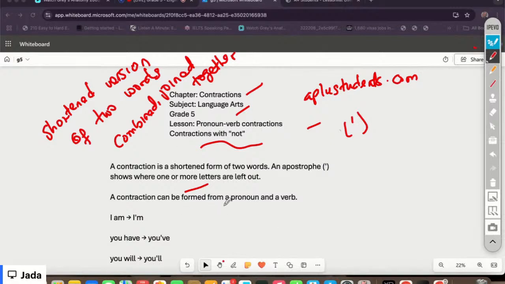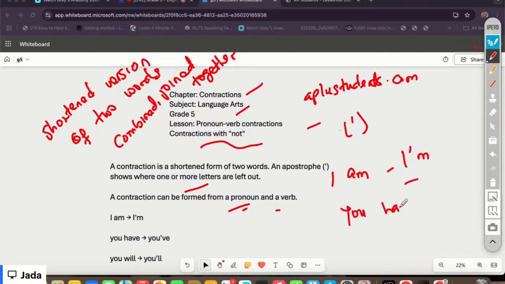All right, so a contraction can be formed from a pronoun and a verb. So we can either use a pronoun or verb to form a contraction. So let's look at some examples. We have I am, and then this is the shortened form of I am.